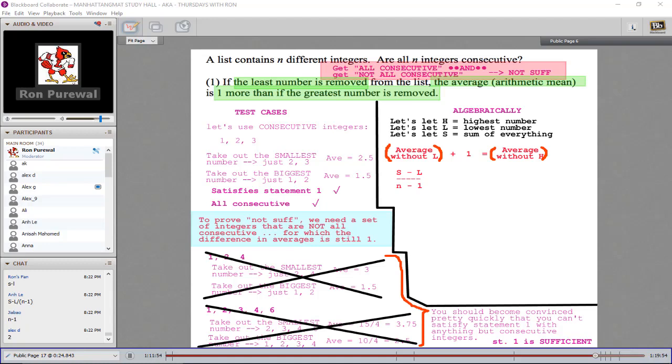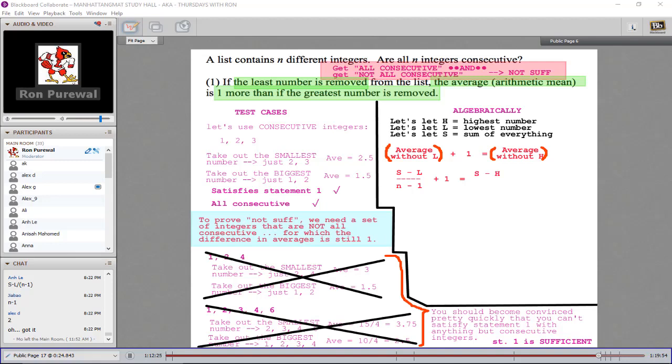If you're going to pick numbers, don't do algebra. Don't do half and half type of approaches. You want to pick a side of the fence and stay on it. If you're going to test cases, just test cases that are numbers. So that plus 1 equals the average without H. Same thing, you're just taking out H instead of L.